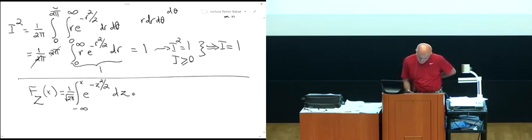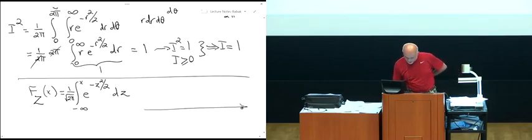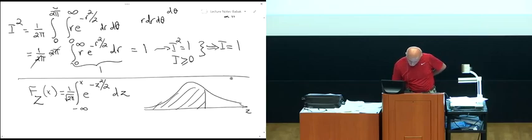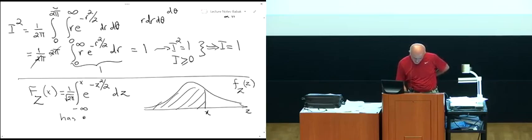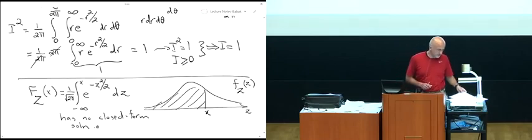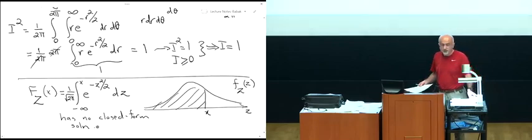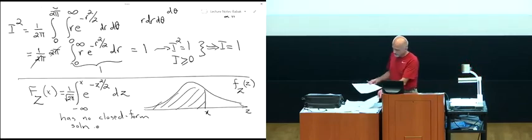So the area under the Gaussian from minus infinity to x has no closed form solution.